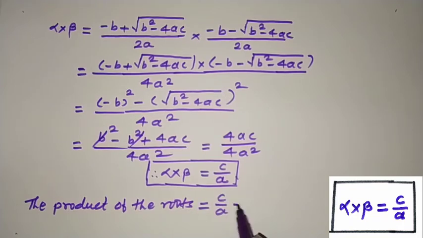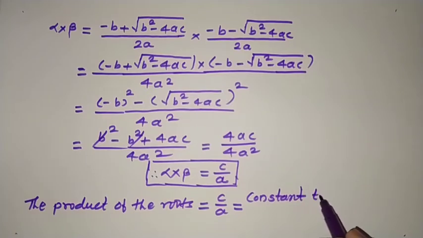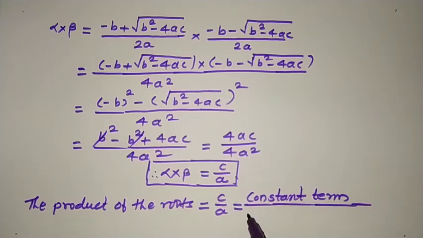C means the constant term and a is the coefficient of x square.